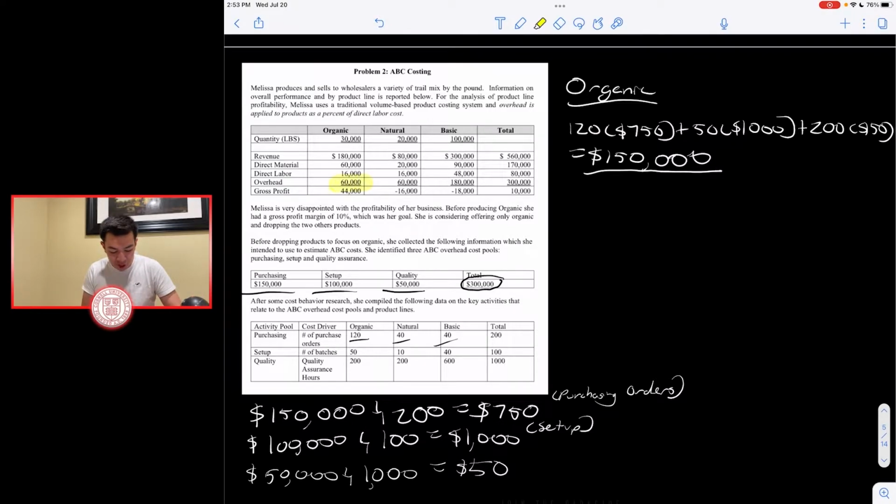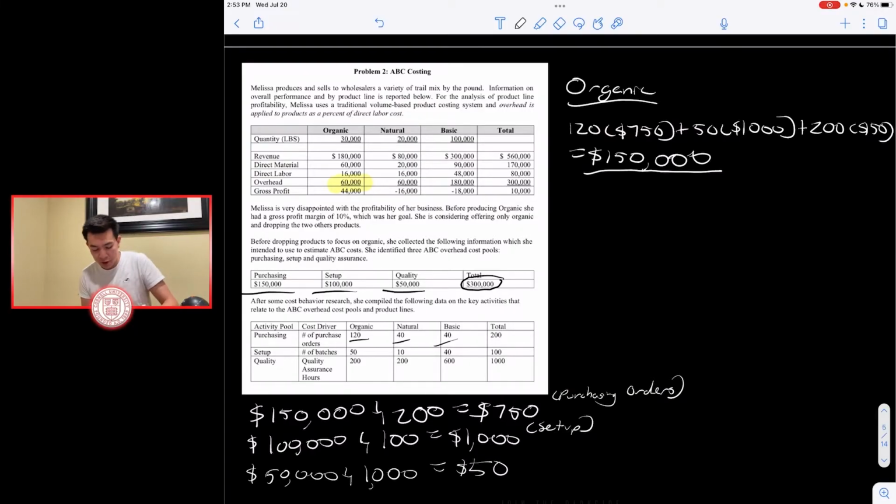It was previously $60,000 under the old method, and now by using a new method of calculating these overhead costs, by breaking down these overhead costs into separate departments, we're able to figure out that organic, which was incurring very little overhead costs beforehand, is actually incurring much more overhead costs, over 200% of what we actually thought, or 150%, I believe.